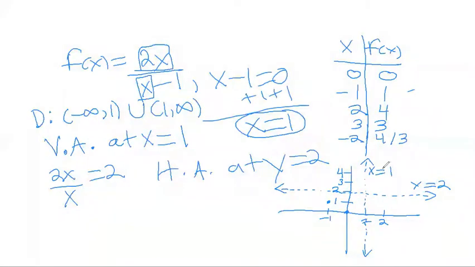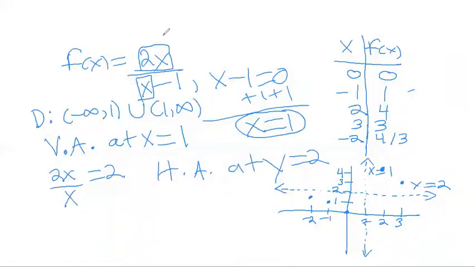So the point 2, 4 is right in there. I know it's not the best spot. Then 3, 3. So I have 3 here, I go up, it's right about there. And -2, 4/3. So -2, 4/3 is 1 1/3, so it's going to be somewhere there.